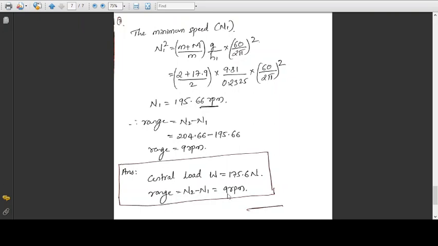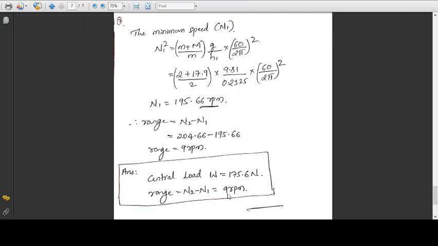So we'll end today's session here. In the next session we'll solve different varieties of problems on the Porter governor, so that we'll know how to calculate the governor effort or the work done on the effort. All those things we'll cover in the next examples.